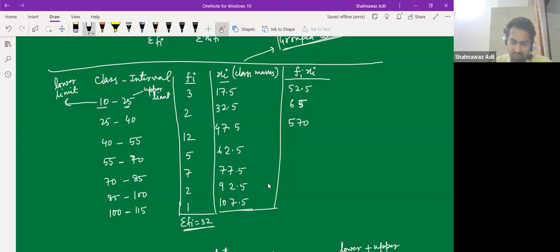This is 570, and then we have 60.5, 5, 1.5, and 7.5, 5, 42.5, and 90.5, 185, and then 137.